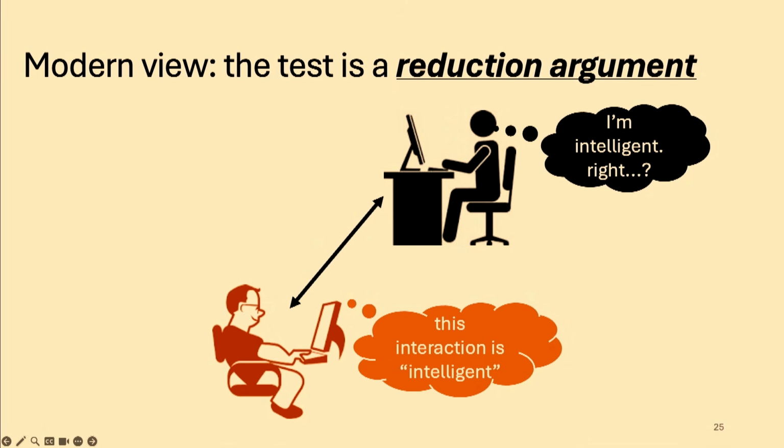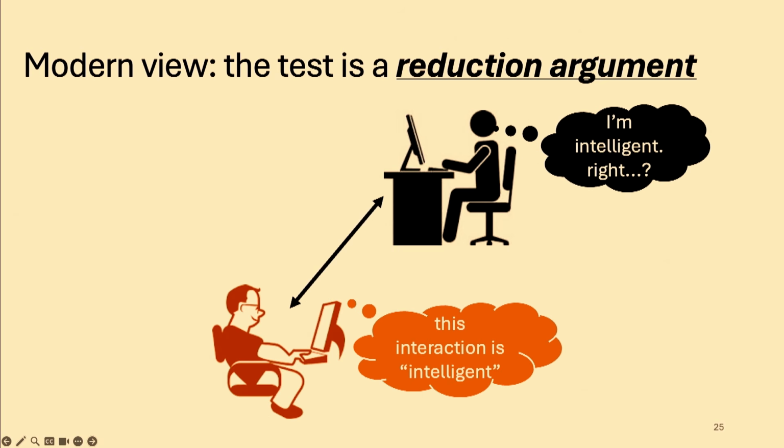Turing didn't name it that because this concept appeared only after he died, developed by the theory and cryptography communities in CS. Essentially, the way I would think about this is that we have some property we don't know how to define, like intelligence. And I, as a human, when I converse with another human, am able to say, well, this is an intelligent interaction, hopefully.